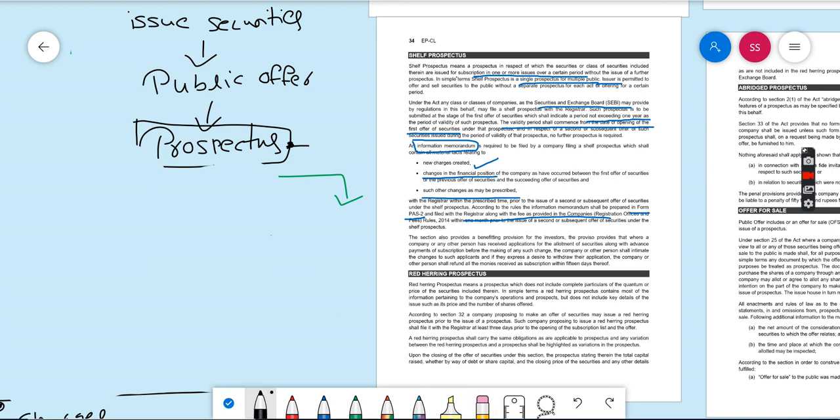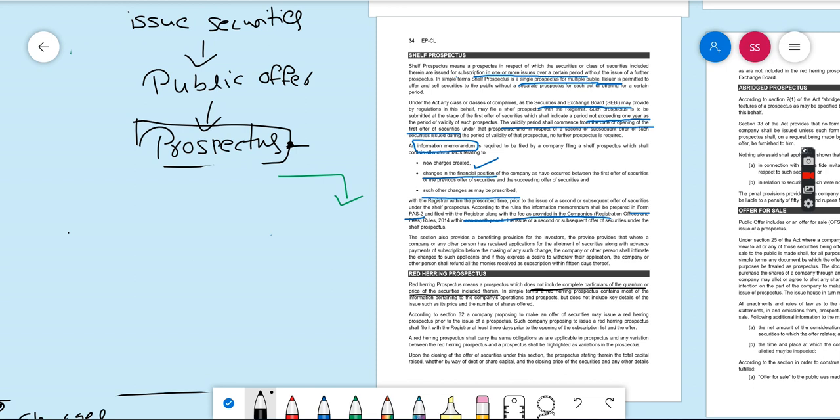In the red herring prospectus, complete information will not be there. It does not include complete particulars of the quantum or price of the securities included therein. It contains information about your company, what kind of business you are doing, but it does not say how many shares you are issuing and at what price.